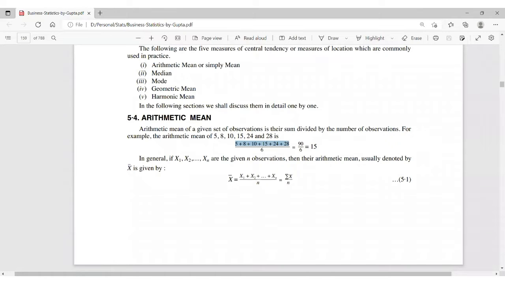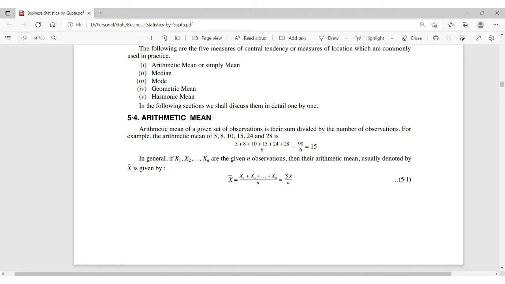So in general, there are n observations. We name them x1, x2, x3 up to xn. These are the n observations. Now their arithmetic mean is denoted by x bar.